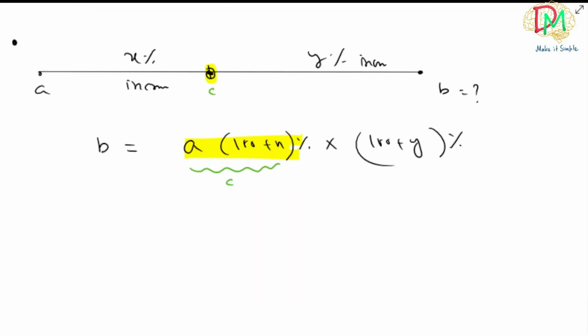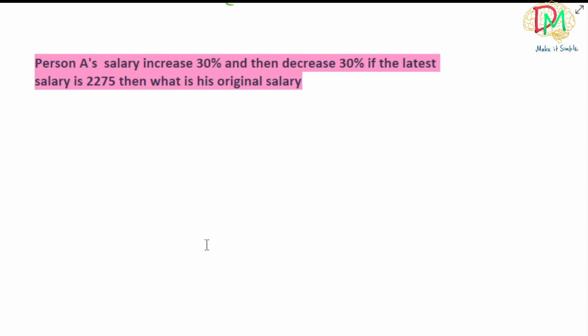Let's take one example. Let's solve a question. A person's salary increases 30% and then decreases 30%. If the latest salary is 2275, then what is his original salary? So first draw a line diagram.